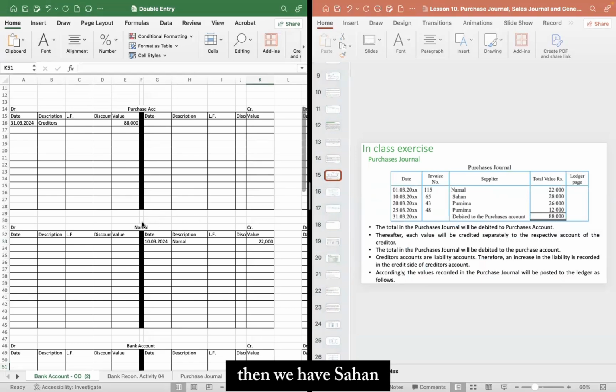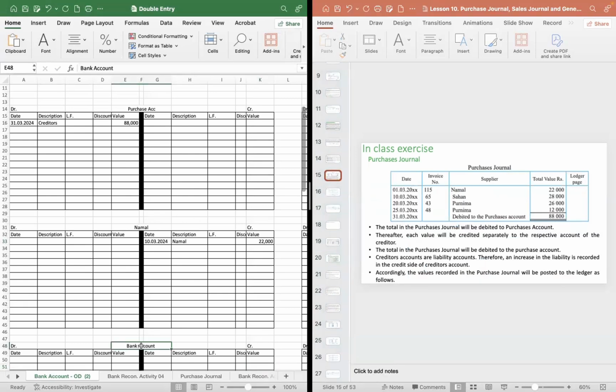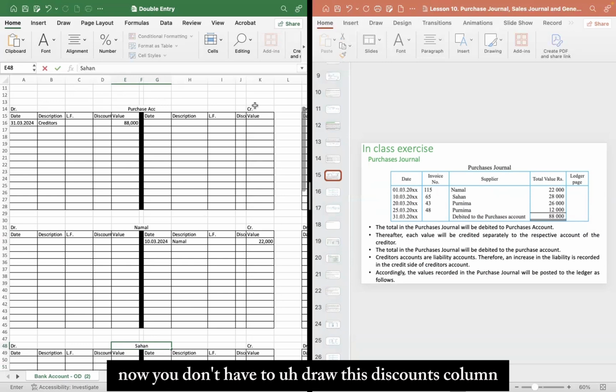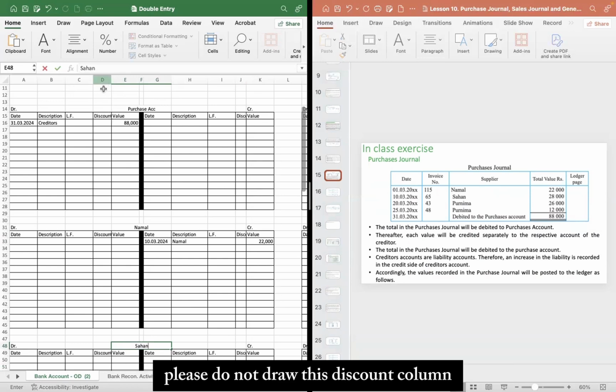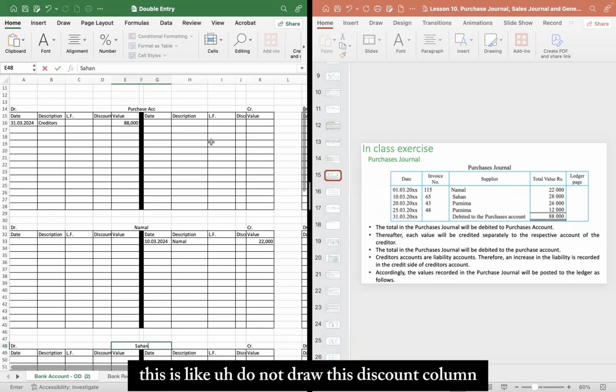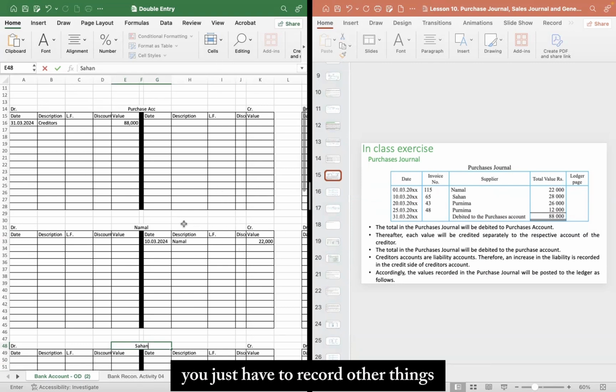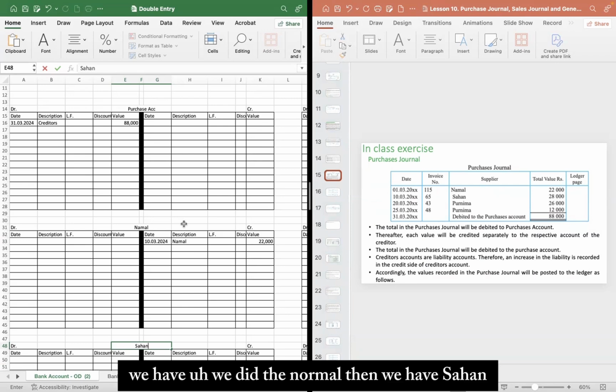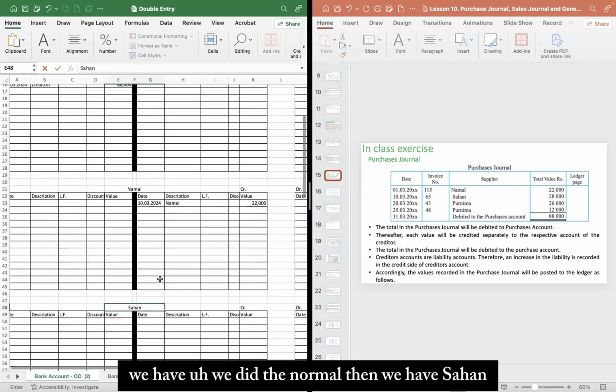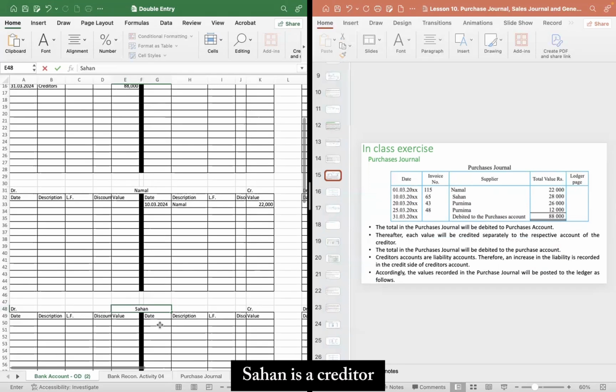Then we have Sahan. Now you don't have to draw this discounts column. Please do not draw this discount column. You just have to record the other things. Then we did Namal. Then we have Sahan. Sahan is a creditor.